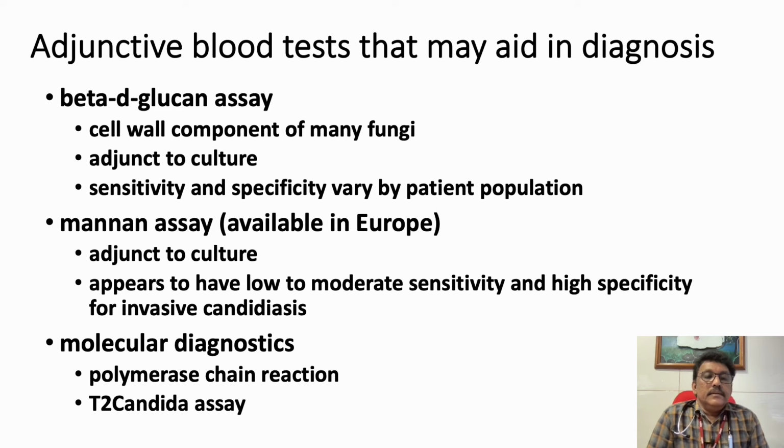Polymerase chain reaction, the T2 Candida assay, can also be done. So these are the associated tests, but the best investigation in the emergency room is to send a blood culture for fungal culture if we are suspecting candidiasis, but it takes time.